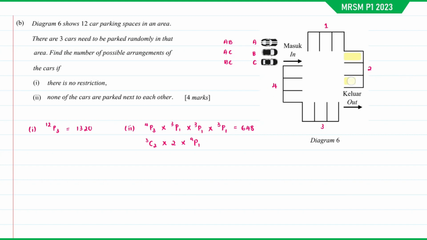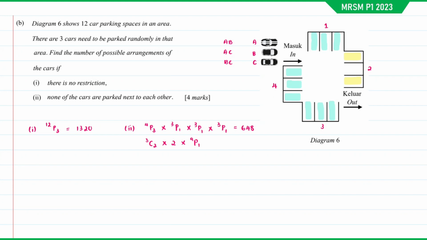Then the arrangement will be the same as the case before. We're going to choose 2 cars to be placed in parking lot number 2 and arrange it with 2 arrangement. Then the third car can be arranged in one of the 9 parking lot here. As this case is the same as the case before, then the arrangement will be 3C2 times 2 times 9P1.